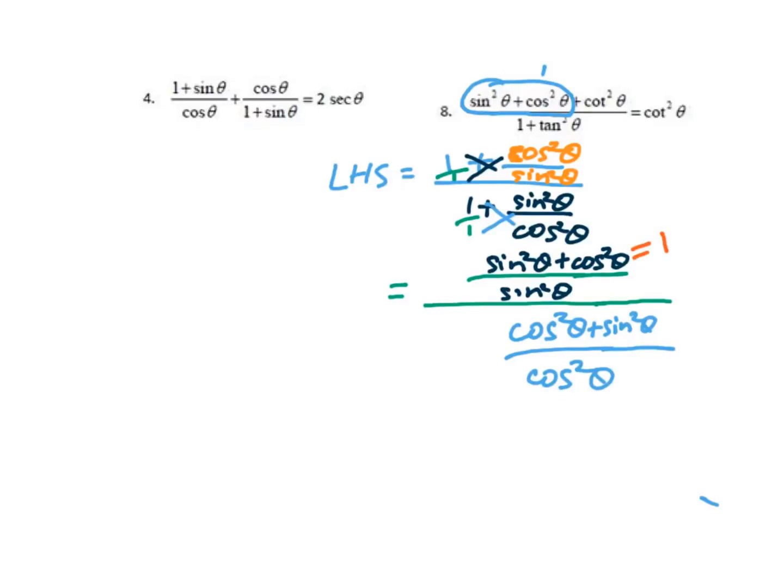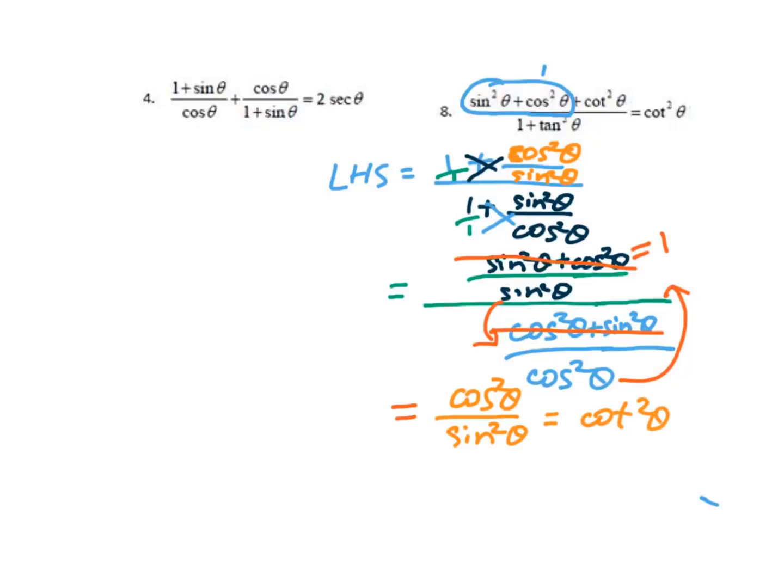If you didn't know this, you can still reduce because both are in the numerator position. Therefore, this time I can jump. For the denominator, we can jump up or drop down. We got the cosine square theta over sine square theta. That is the cotangent square theta, equals the right-hand side. We finish this proof.